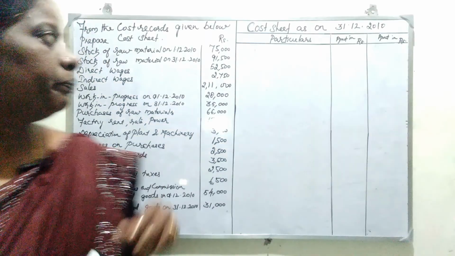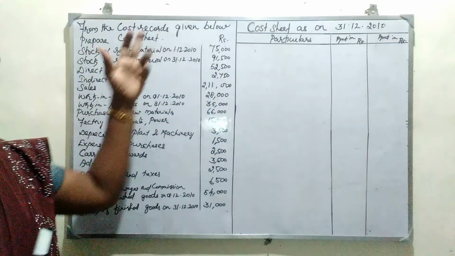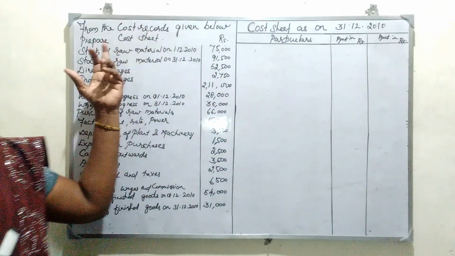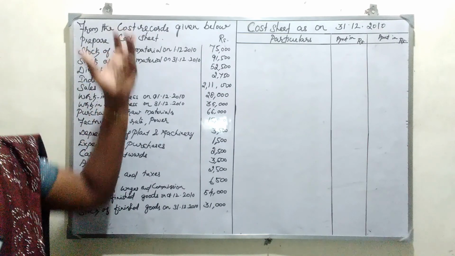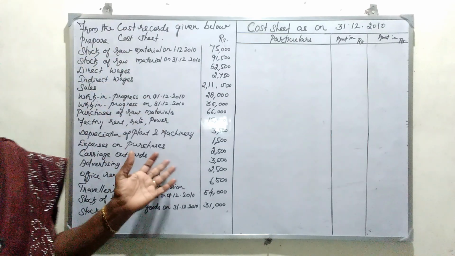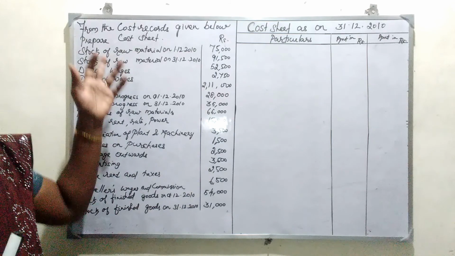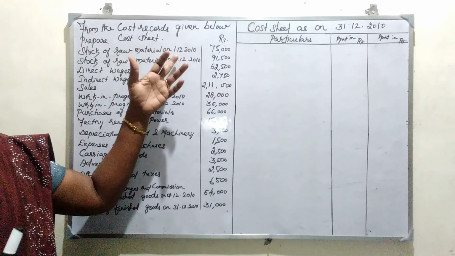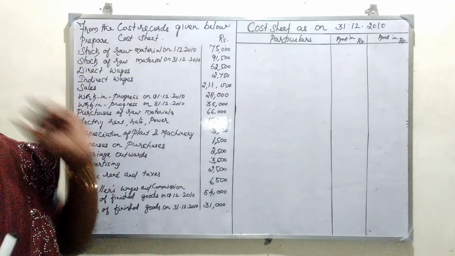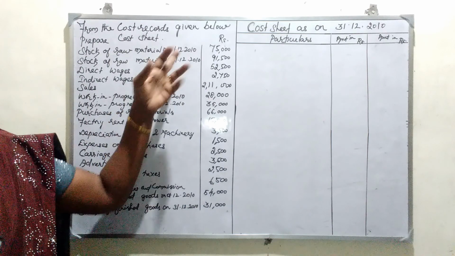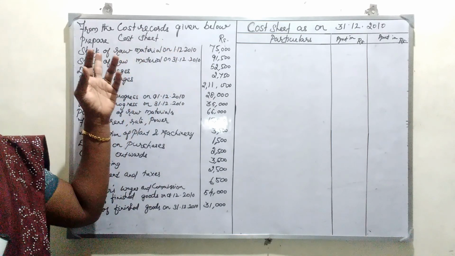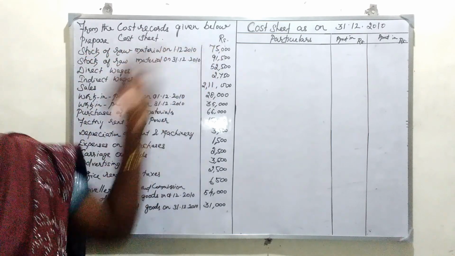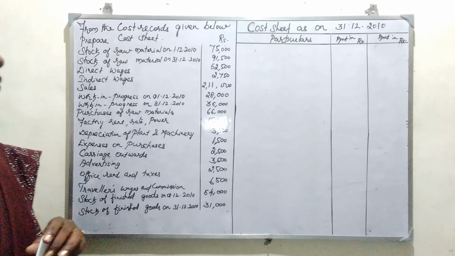Let's see the problem. From the cost records given below, prepare the cost sheet. Details are given to prepare the cost sheet. Stock of raw material as on 1/12/2010, that is December 1st, is 75,000.